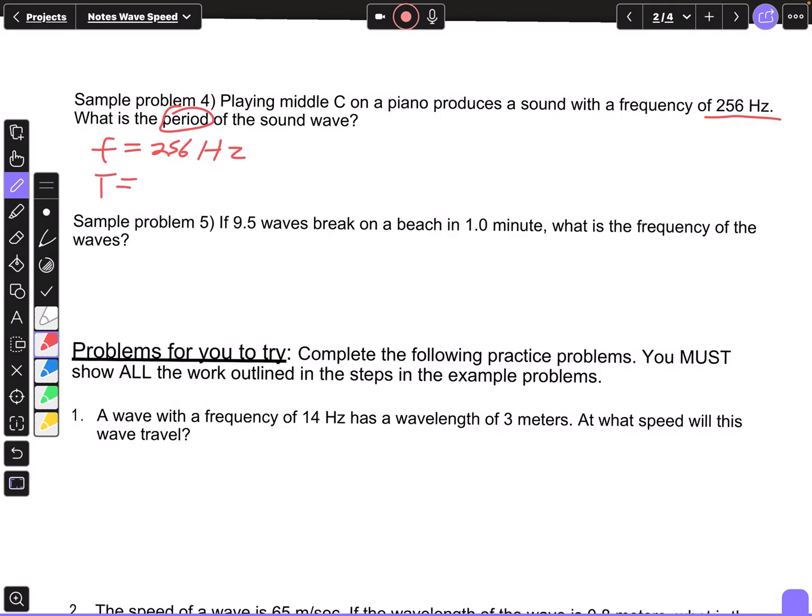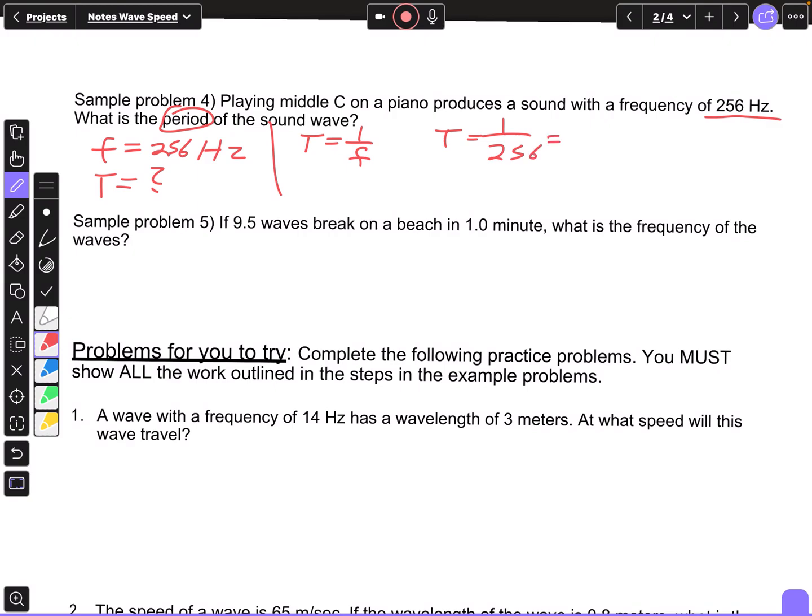That's our unknown. Our equation that relates those two together is T equals 1 over F. If I was given the period and asked for the frequency, I would have used F equals 1 over T. But I use this form of it. I plug in my number, so T is going to be equal to 1 divided by 256.